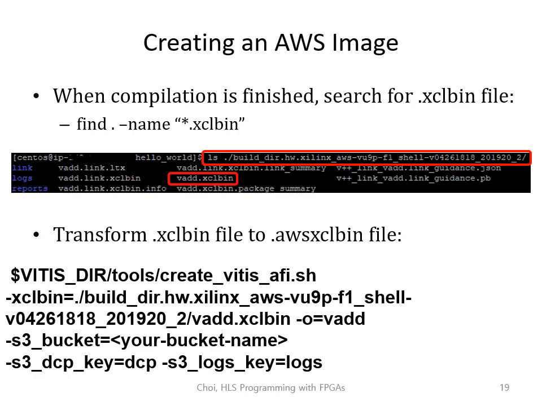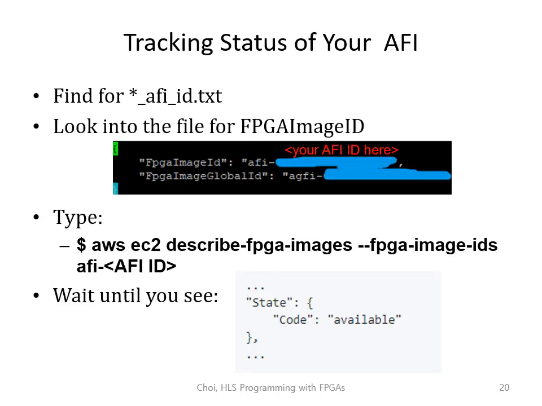AWS typically takes about a half hour to a full hour trying to validate your xclbin file for any possible problems and convert it into AFI format. If you want to know the status of the conversion, you want to first find a file named afi_id.txt and look into that file for the ID of your FPGA image.